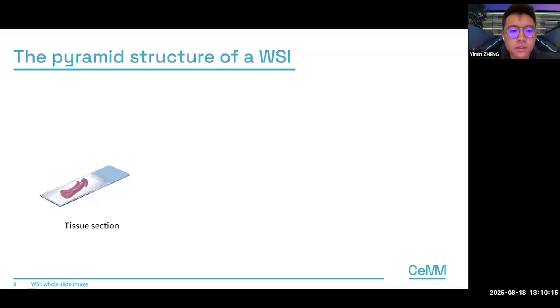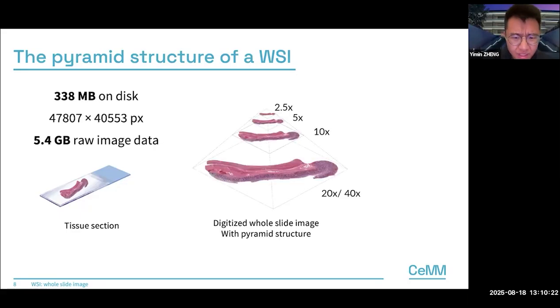After we scan the tissue slide with whole slide scanners, it's actually very big, so it is almost impossible to read the whole image into the computer's memory. For example, this slide is roughly 47,000 by 40,000 pixels. Its raw data is like 0.4 gigabytes, and if we store it on disk, it's like 300 megabytes after compression.